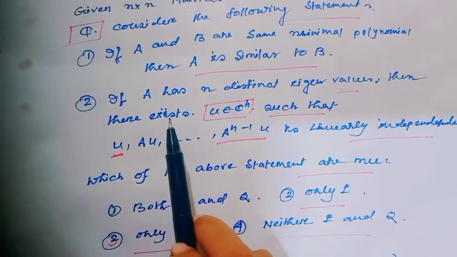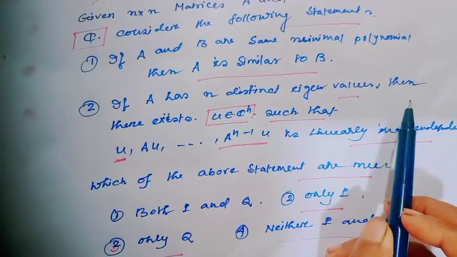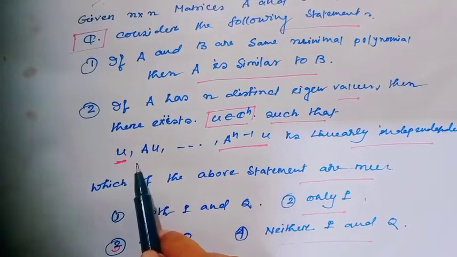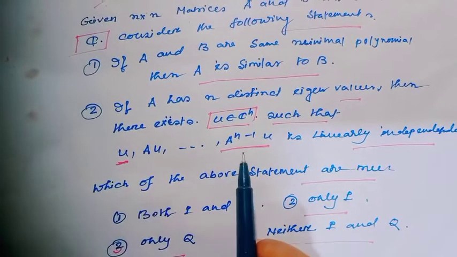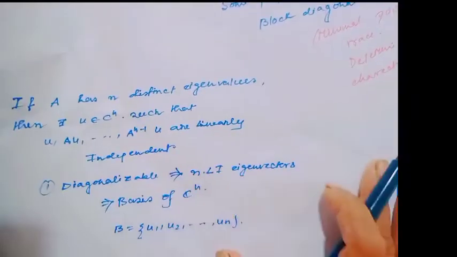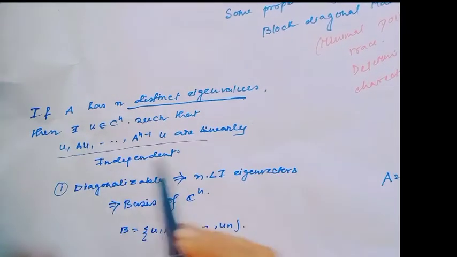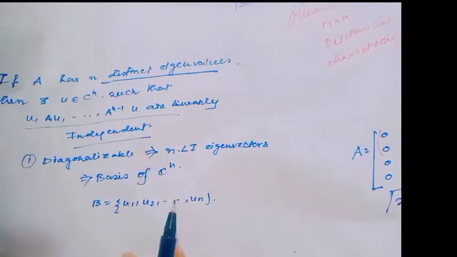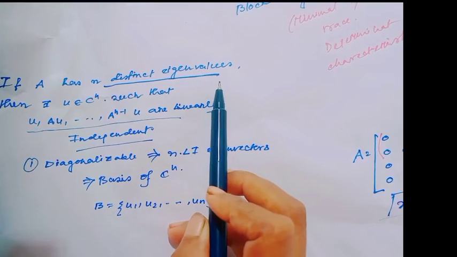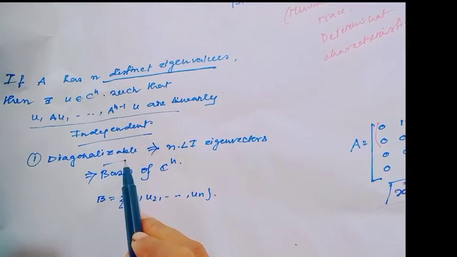And option 2 says: if A has n distinct eigenvalues, then there exists u belonging to Cn such that u, Au, up to A to the power n minus 1 u are linearly independent. To prove this, given that A has n distinct eigenvalues, we have to prove these are linearly independent. Since A has n distinct eigenvalues, obviously the matrix A is diagonalizable.